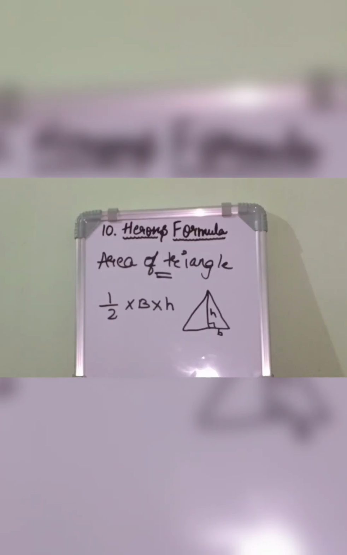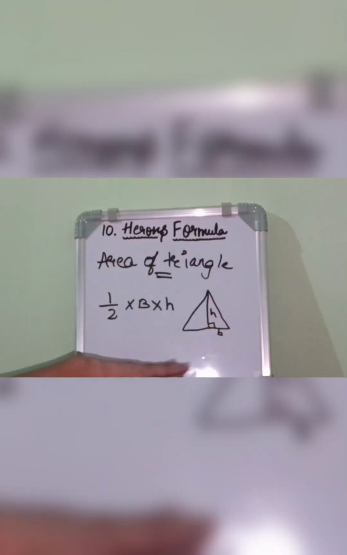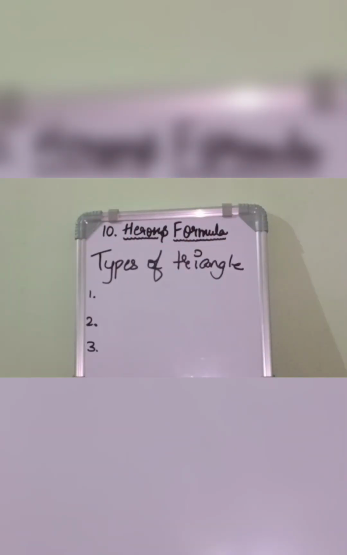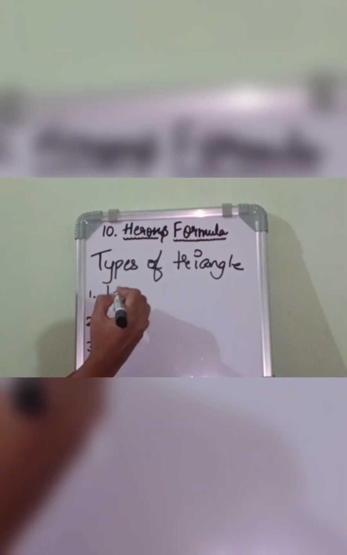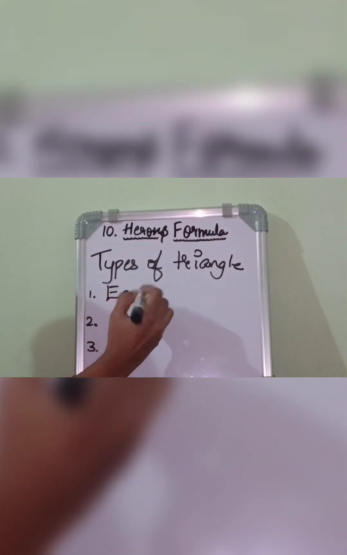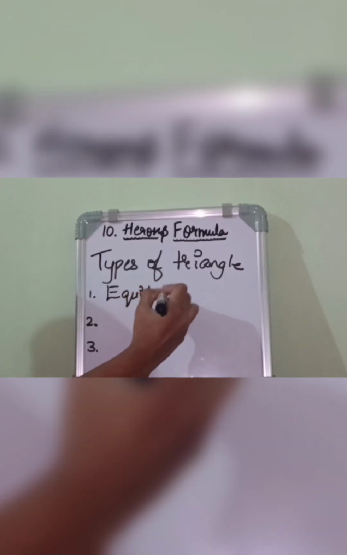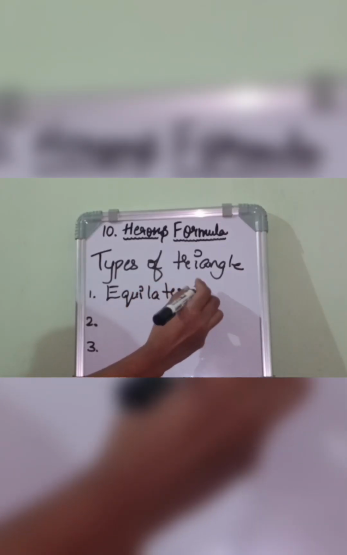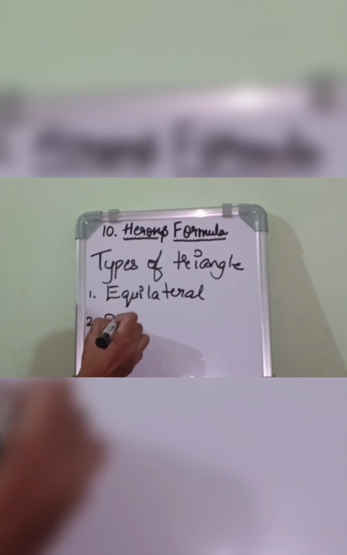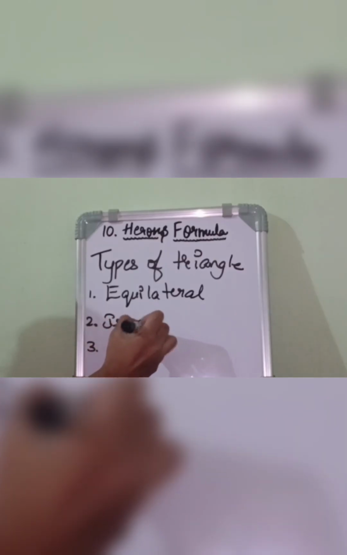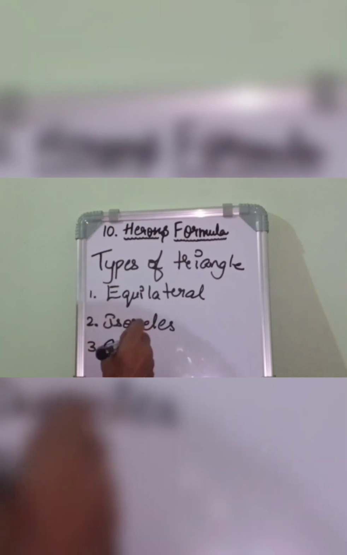Now we know that there are totally three types of triangle. One is the equilateral triangle, which has all three sides equal. Second is the isosceles triangle. And third is the scalene triangle.